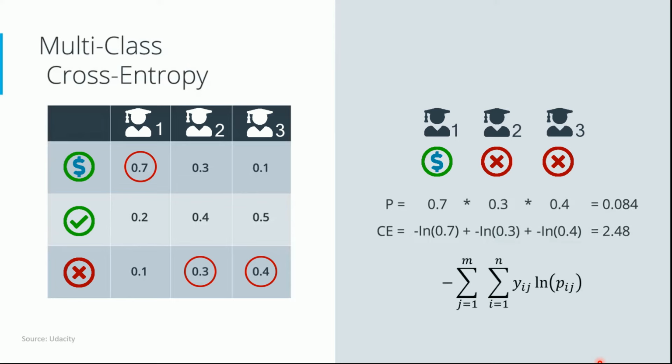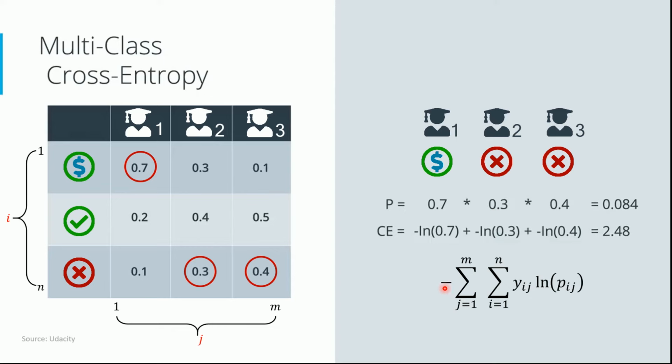Now, this is the formula for the multi-class cross-entropy. And what it says is really this. Let's say for all our classes, where i is our classes from class 1 to class n, and for every point in our data set, which is j from 1 to m, so it's like having two nested for loops.